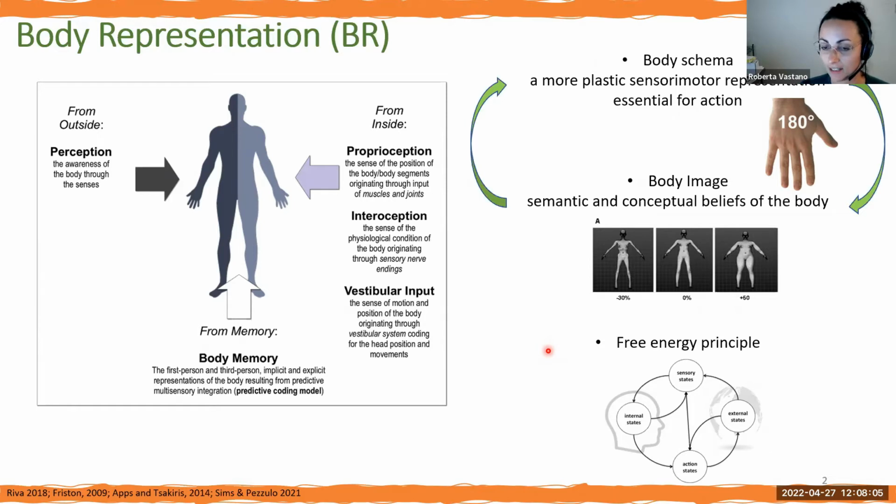So basically, everything that we do with our body during sensorimotor activation, we need to predict external sensory states, action states, and external states. And when we predict these states, we compare them with the real ones. And only by reducing the prediction error can we maintain a current body representation.